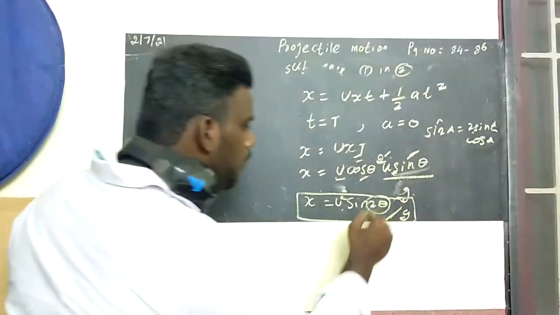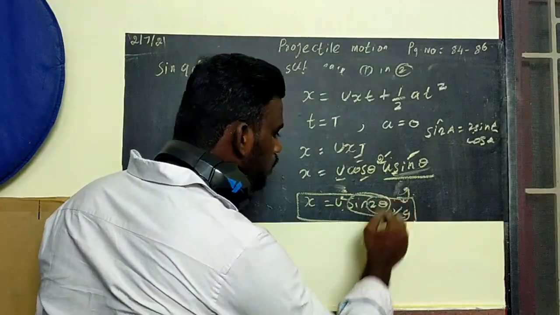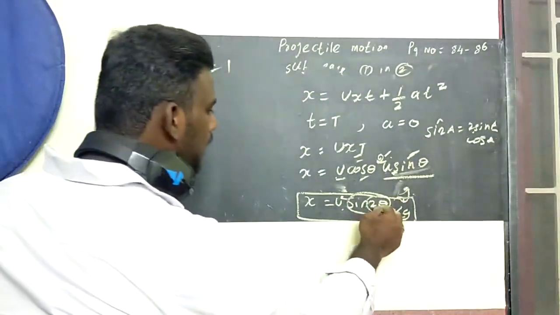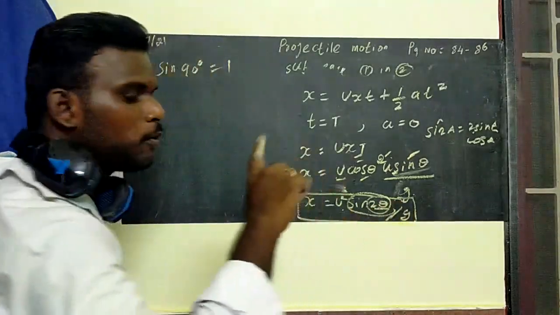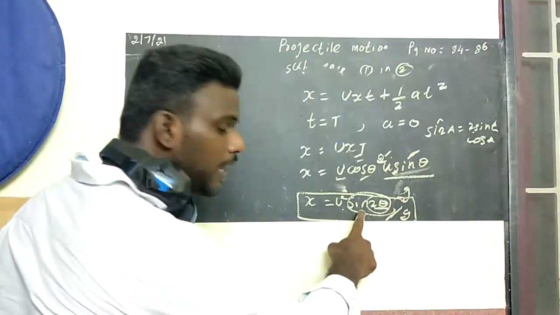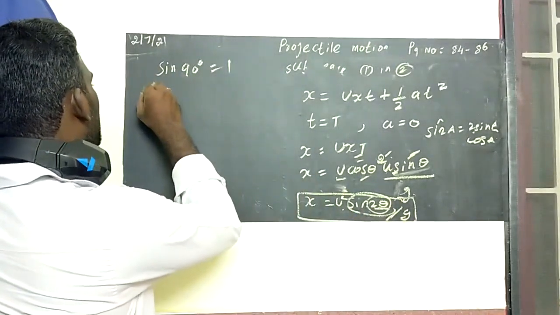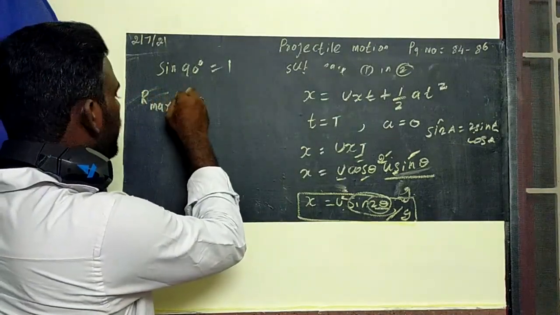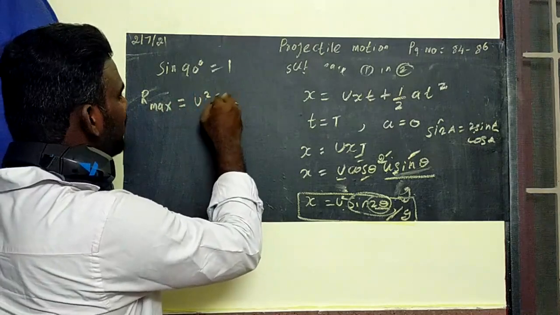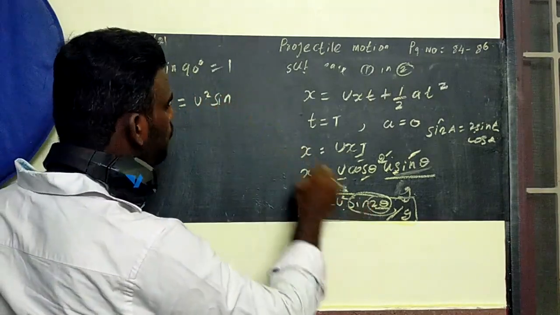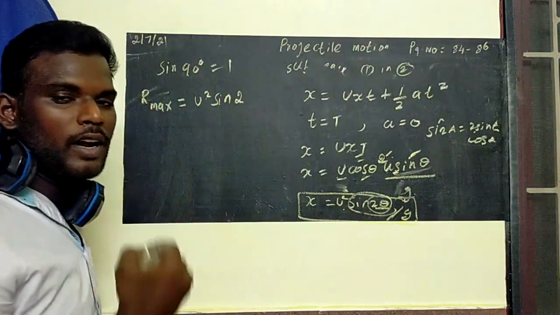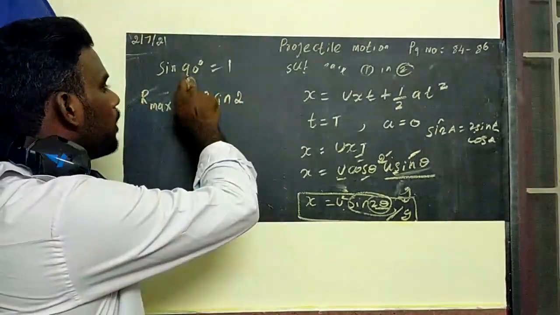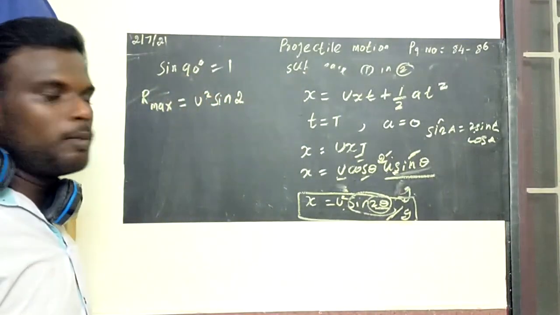So we want the sine value to be maximum. That's why in place of theta, if you put 45 degree, it becomes sine 90. We want to get the value of 90 degree, then only the sine will be maximum.